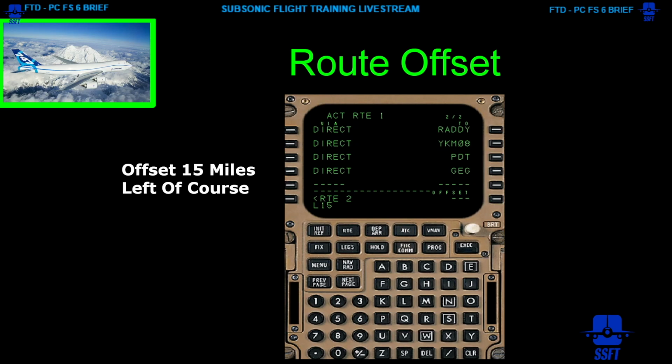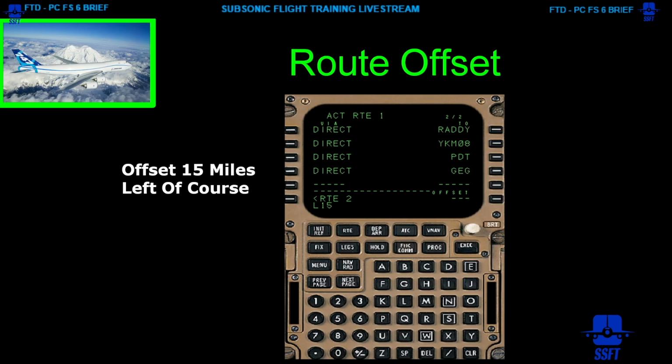We'll say for weather, because maybe there's a thunderstorm directly in front of us, small cell or something, or maybe ATC just wants better spacing and they request. They know these airplanes nowadays can offset. It used to be early on they didn't know that, and so you'd have to request an offset, and they wouldn't necessarily know what an offset was, but they know these airplanes all can offset off your course.